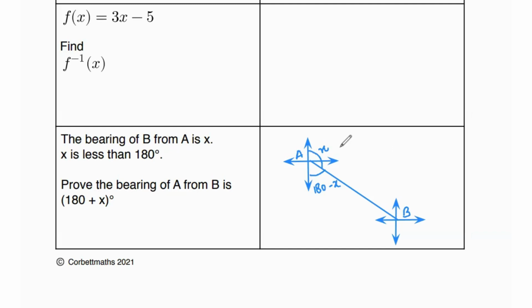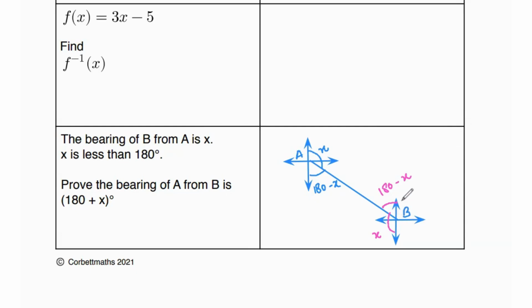For this, you need to remember one important thing. In parallel lines, alternate angles are equal, which means if this is x, this is also going to be x. If this is 180 minus x, this is also going to be 180 minus x. Now they want us to prove that the bearing of a from b is 180 plus x.